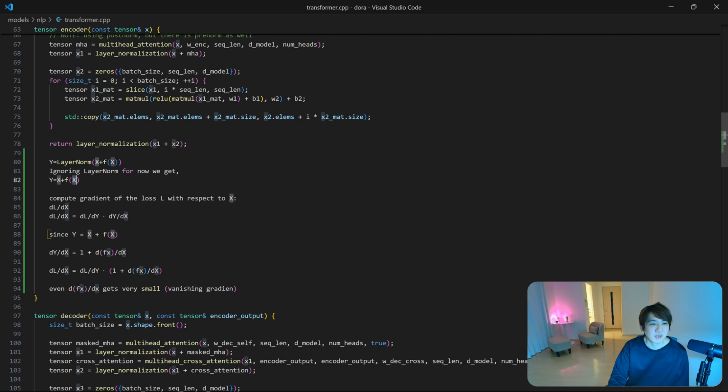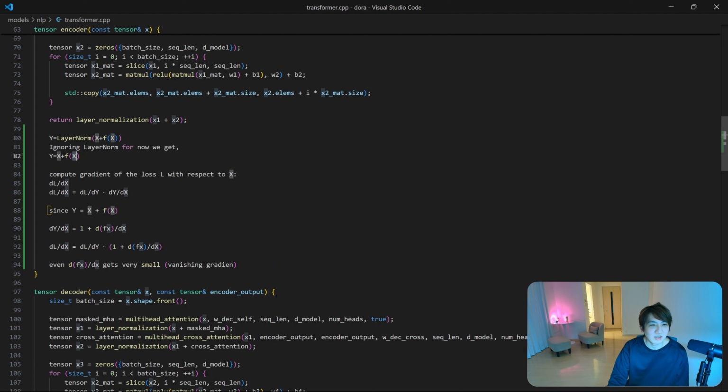And since y equals x plus f(x), dy/dx is, if we take partial derivatives with respect to x, it would be 1 plus df(x)/dx. And this is what I've been talking about, where gradients vanish.